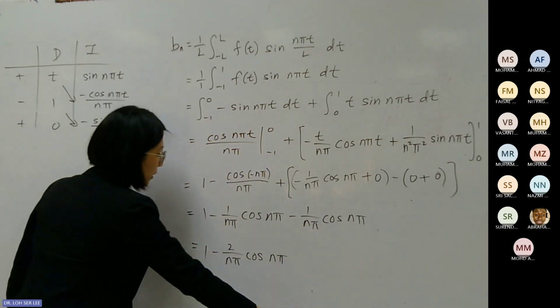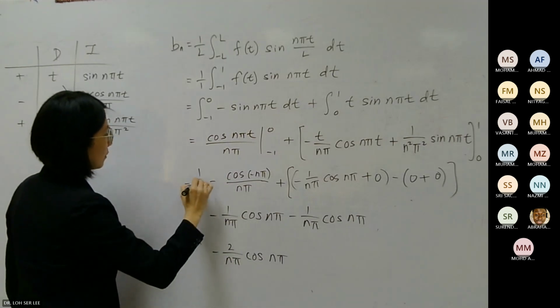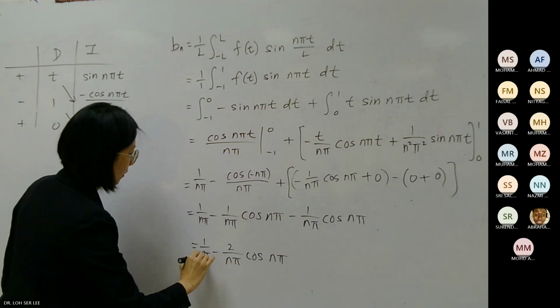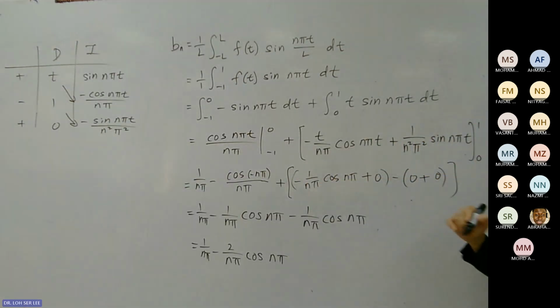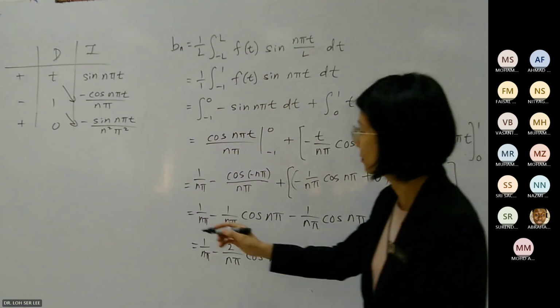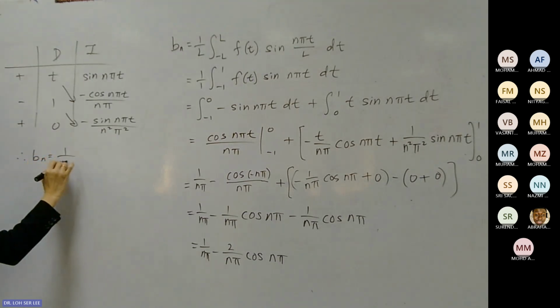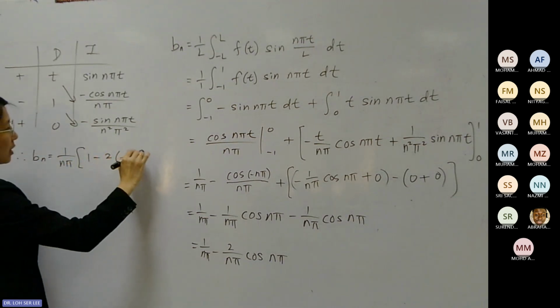This one should be 1 over n pi. And factorize the 1 over n pi. Can you hear? So your Bn, factorize 1 over n pi, you have 1 minus 2 cos n pi, which is negative 1 to the power of n.